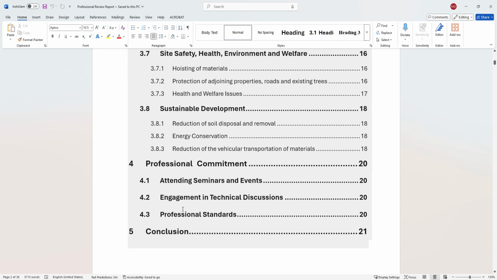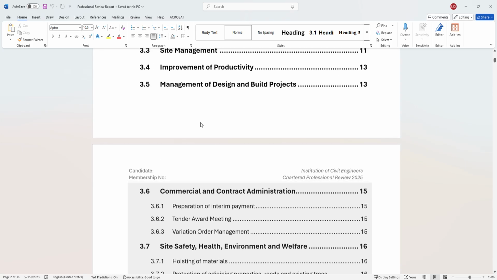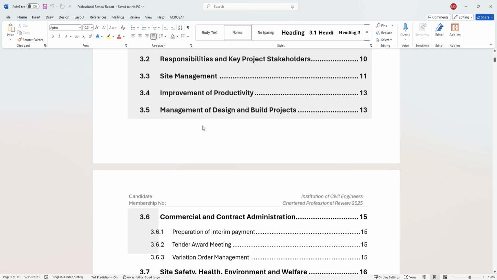And the candidate has created a separate section for professional commitment, because the candidate has been acting professionally for the whole of his career. So he created a separate section where he talked about how he shows professional commitment. And then the candidate concludes in section 5. So this is what the table of contents looks like.